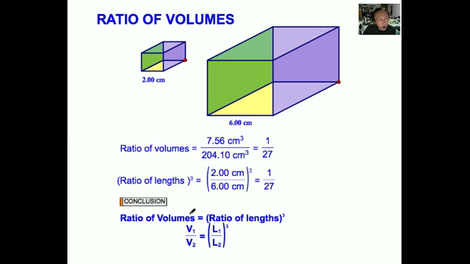This leads us to the conclusion that the ratio of volumes is simply the ratio of lengths cubed, or V1 over V2 equals (L1 over L2) cubed. We will now look at some problems.